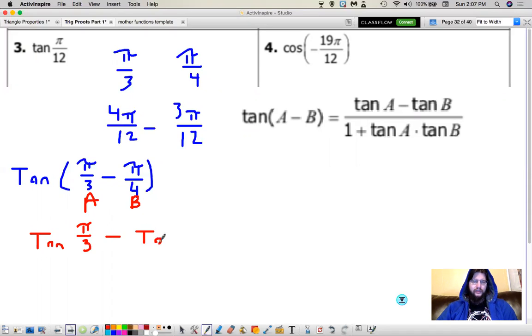Minus tangent of pi over 4 over 1 plus tangent of pi over 3 times tangent of pi over 4.